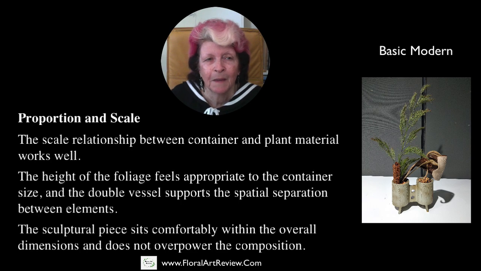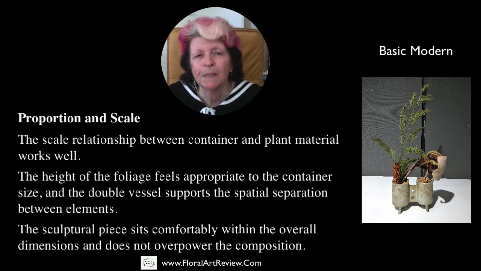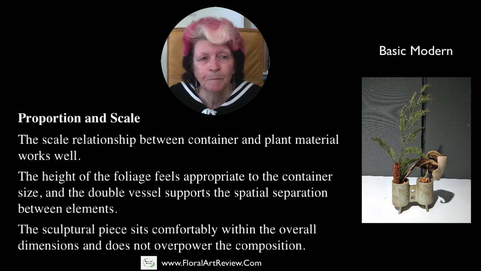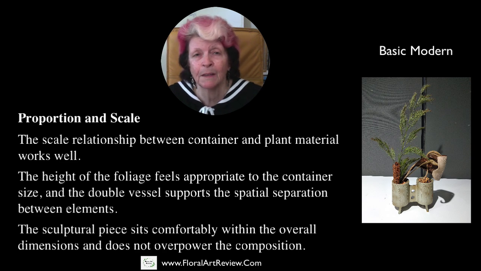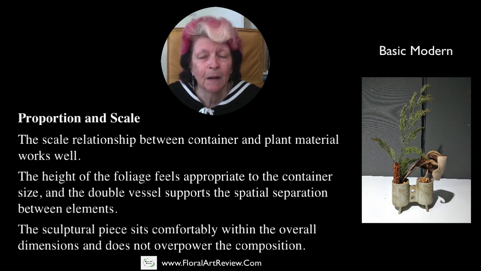Proportion and scale. The scale relationship between container and plant material works well. The height of the foliage feels appropriate to the container size, and the double vessel supports the spatial separation between the elements. The sculptural piece sits comfortably within the overall dimensions and does not overpower the composition. So that's one of the things I mentioned earlier, that the palm spade has the potential to overpower the rest of the design.